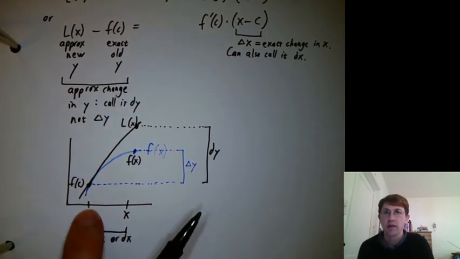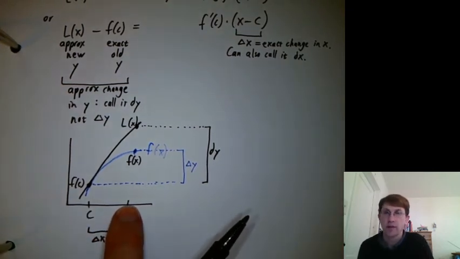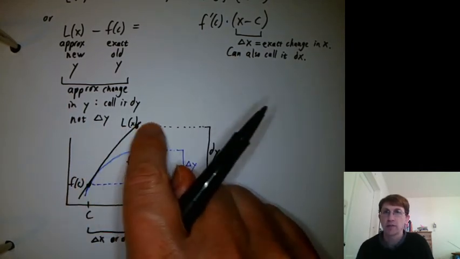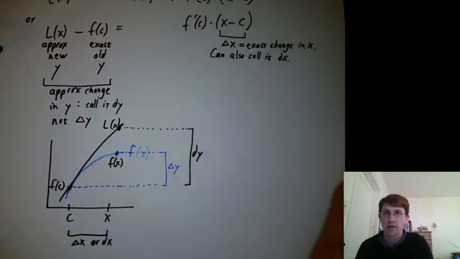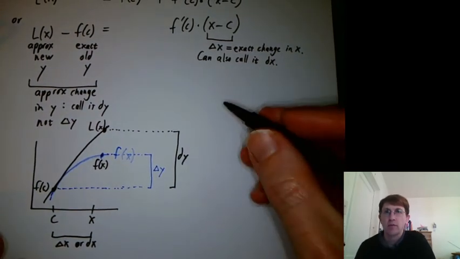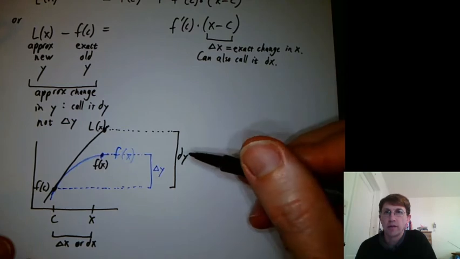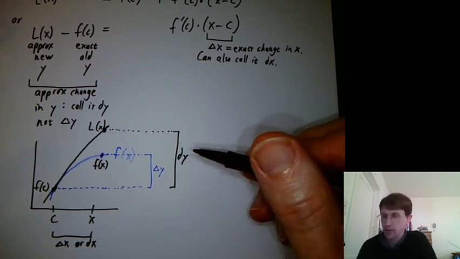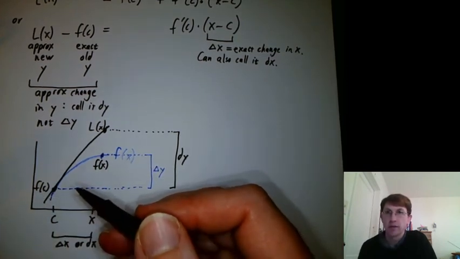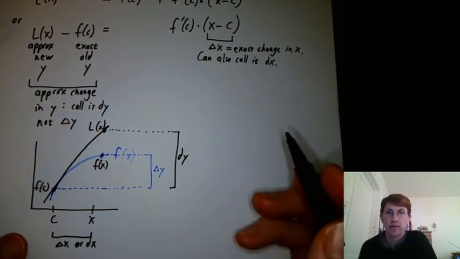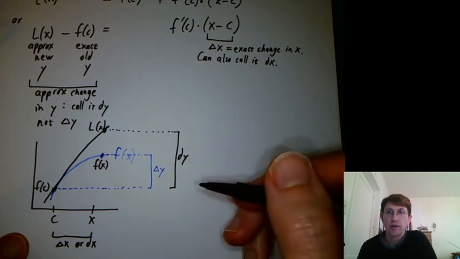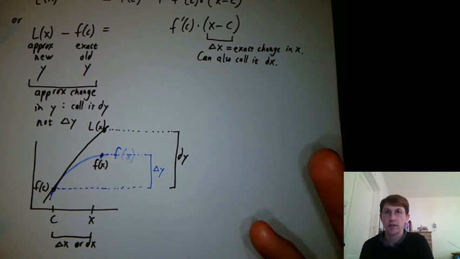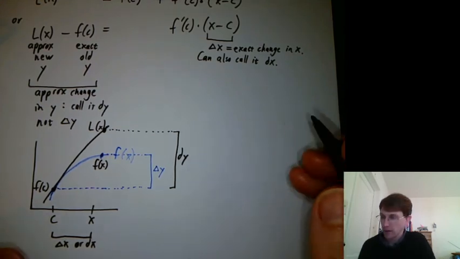We're anchoring here, moving, in this case, forward, but it doesn't have to be forward. The original function is changing this much, and we're trying to approximate how much it's changing there. So in this case, what would you say is bigger, delta y or dy? Pretty clearly dy, but that's not always true. If the function was doing something else, maybe dy would be smaller than delta y. Also, these are positive, but that doesn't have to be true. If the function was behaving differently, then some or all of them could be negative.